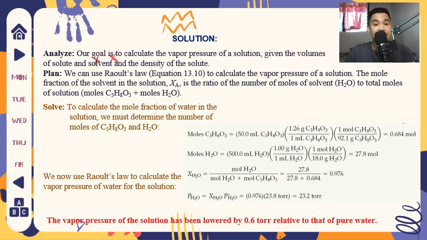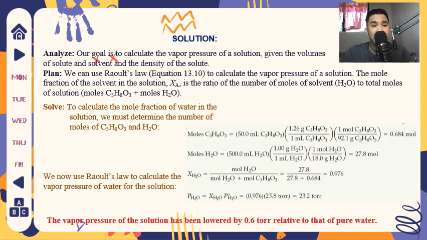Now, to find the moles of water, H2O, that is equal to 500 mL water times 1 gram of water over 1 mL of water times 1 mole of H2O over 18 grams of H2O. That yields 27.8 mole.